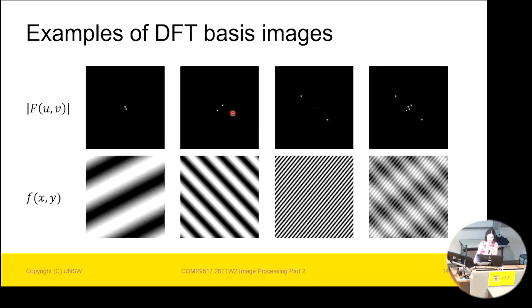One is exactly in the middle, and then the other 2 are like reflections of each other. So these 2 should be of kind of the same frequency, but a reflection. So the actual u and v values are mirroring each other.